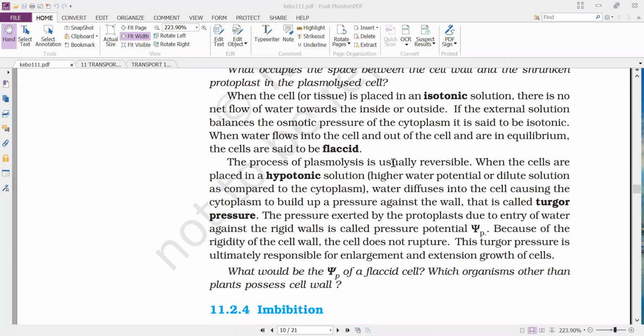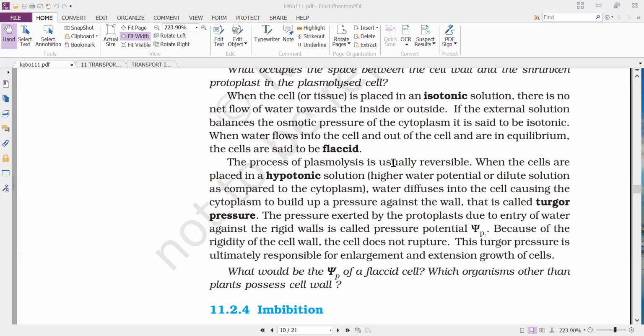Gradually the wrinkles are removed, and slowly the plasma membrane distends and finally gets pressed against the cell wall. But here we have not placed the cell in an isotonic solution. We have placed it in a hypotonic solution, which has a lower concentration than the cytoplasm of the cell.